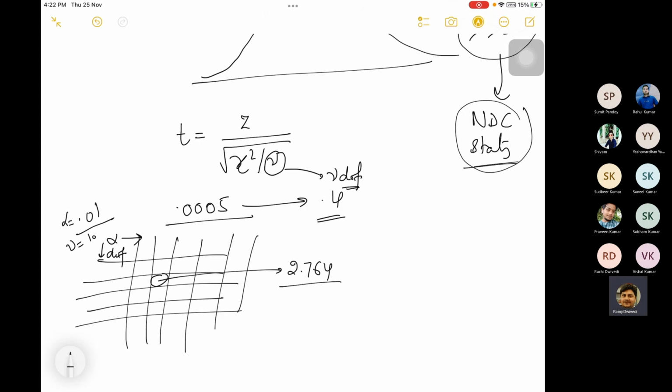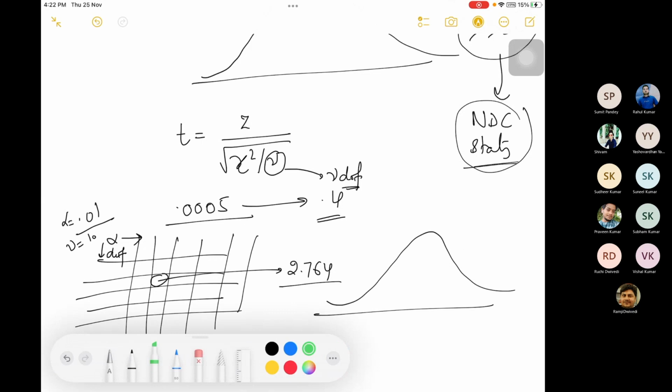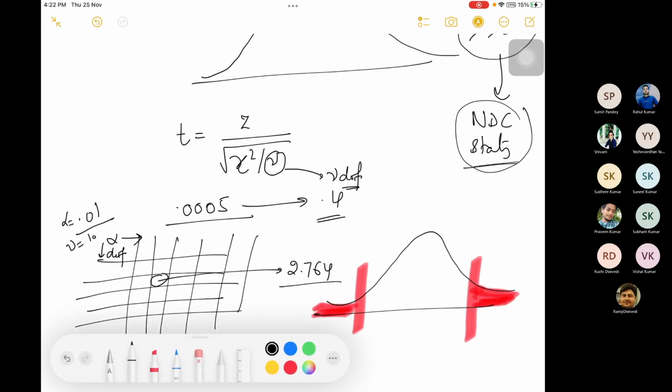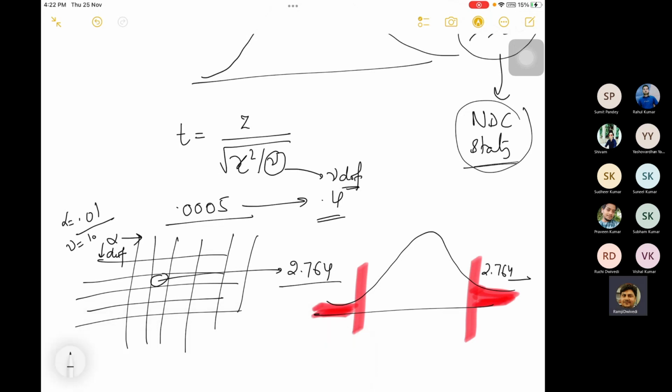That means 1% of the area under the t distribution curve having 10 degrees of freedom lies, due to symmetry, between 2.764 and infinity.